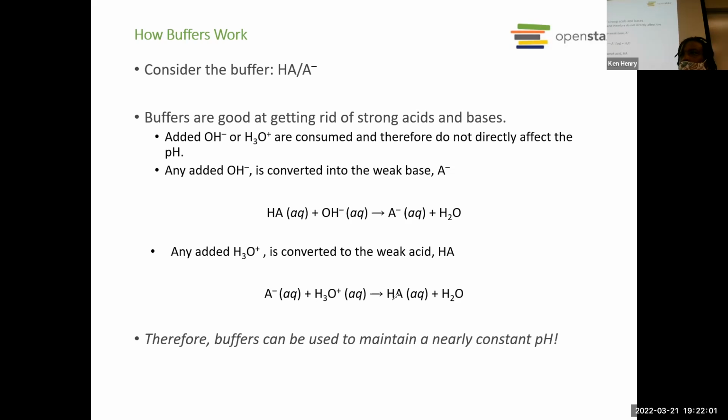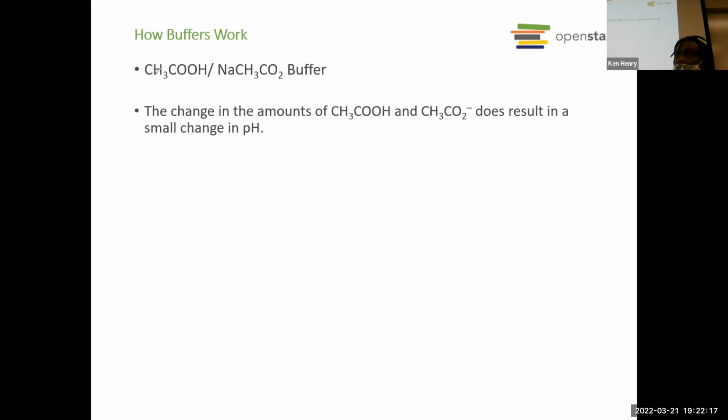So basically you're spiking the solution with a combination of a weak acid and a weak base that won't allow them to be shifted in any direction. Often we use acetate. This is an acetate buffer. It has acetic acid and then sodium acetate.